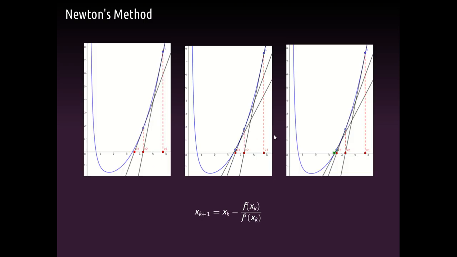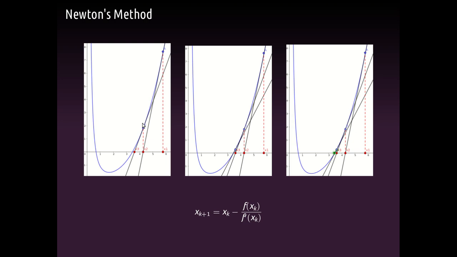And if we repeat this procedure for a few steps, then we can very shortly reach the point where we obtain the value where f of x equals 0. So we start at x1, we jump to x2, which is very close.